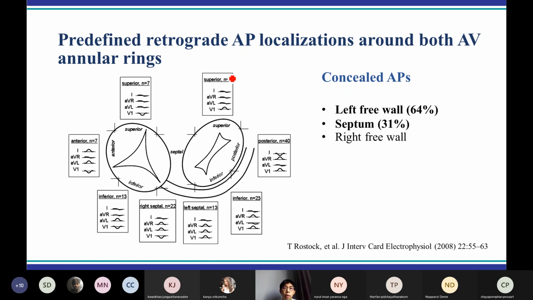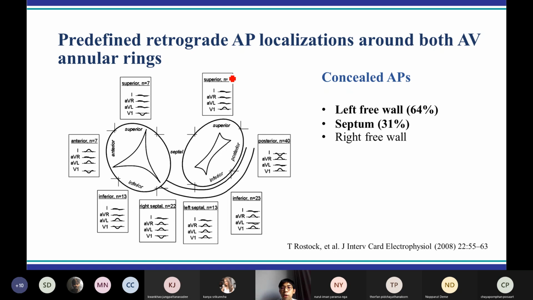There is a question: if it is concealed during sinus rhythm, can we identify the locations? The answer is no. You have to induce arrhythmia inside the EP lab, and you have to map the location of the accessory pathway during the tachycardia using 3D mapping in the EP lab.